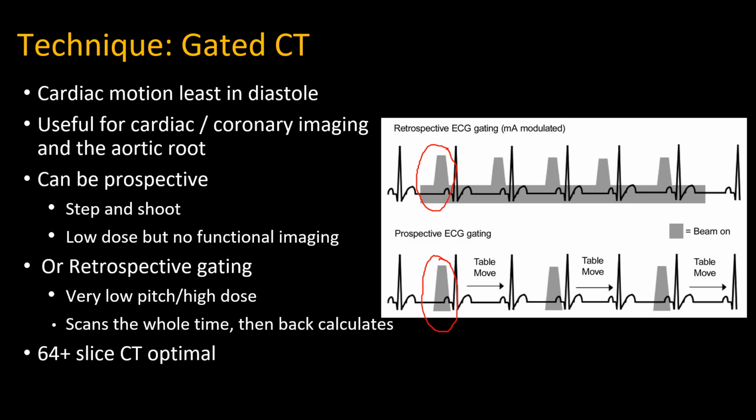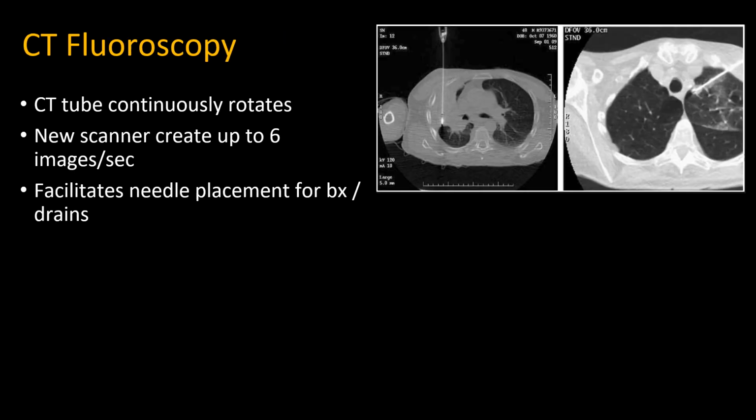So if the tech is asking you to protocol a scan, do you want it gated, you might not want to choose that method if, for example, it's a trauma scan on a very young patient, because we know it's going to have a much higher dose. During CT fluoroscopy, the tube is continuously rotating, and that gives us multiple images per second, which helps with procedural applications.